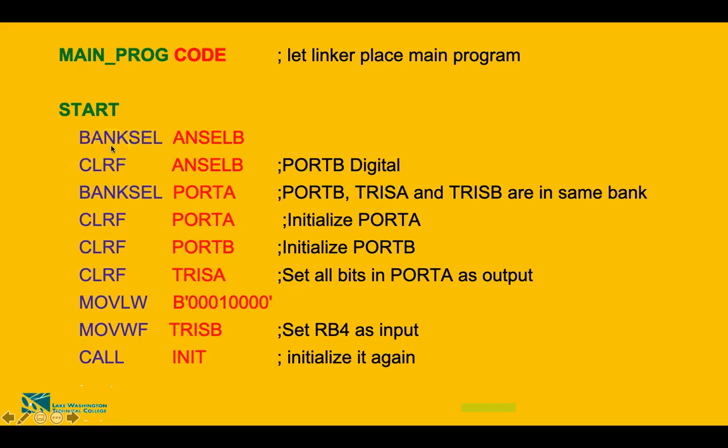Starting with BANKSEL and TRISB, you know that if we want to provide any input, we use this TRISB. So BANKSEL TRISB, and then CLRF TRISB, and you know that this TRISB lies in bank 1. Sorry, bank 1, it lies in bank 1, and we are using this to define the input.